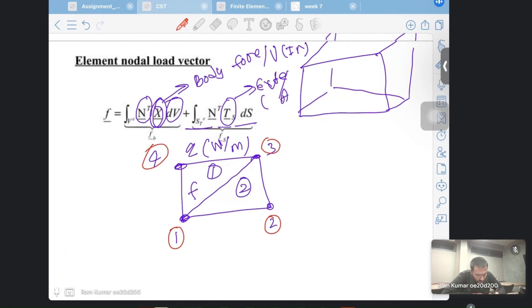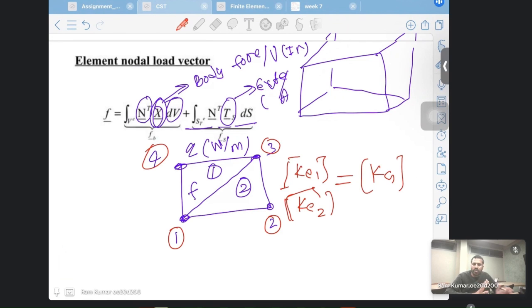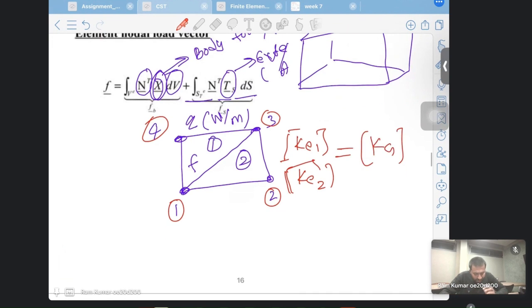First, you calculated the element stiffness for element 1 and element 2. You got this, right? Yes, sir. Then you added and got one global matrix, K1 plus K2. Correct. Similarly, on this surface they are putting this flux per unit length.